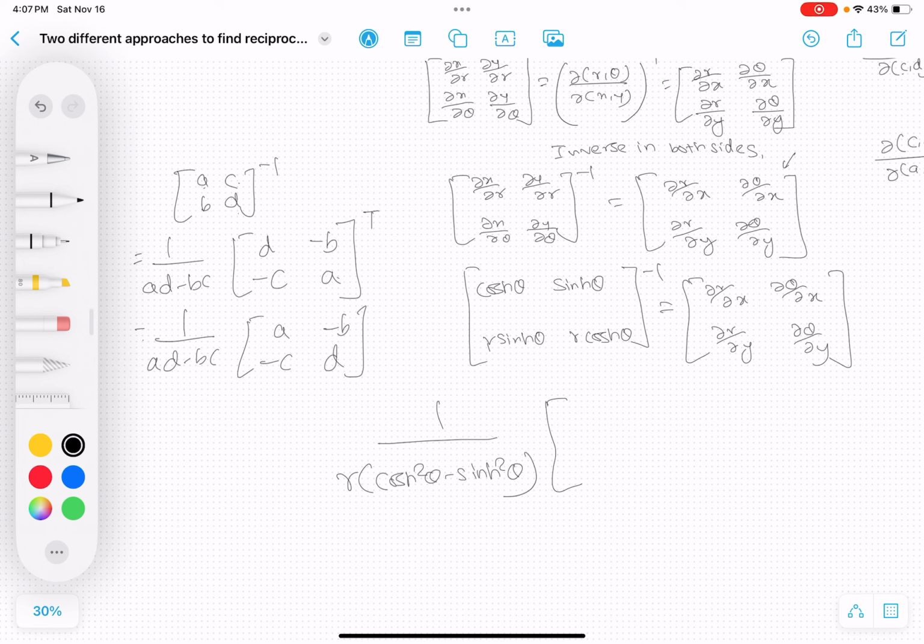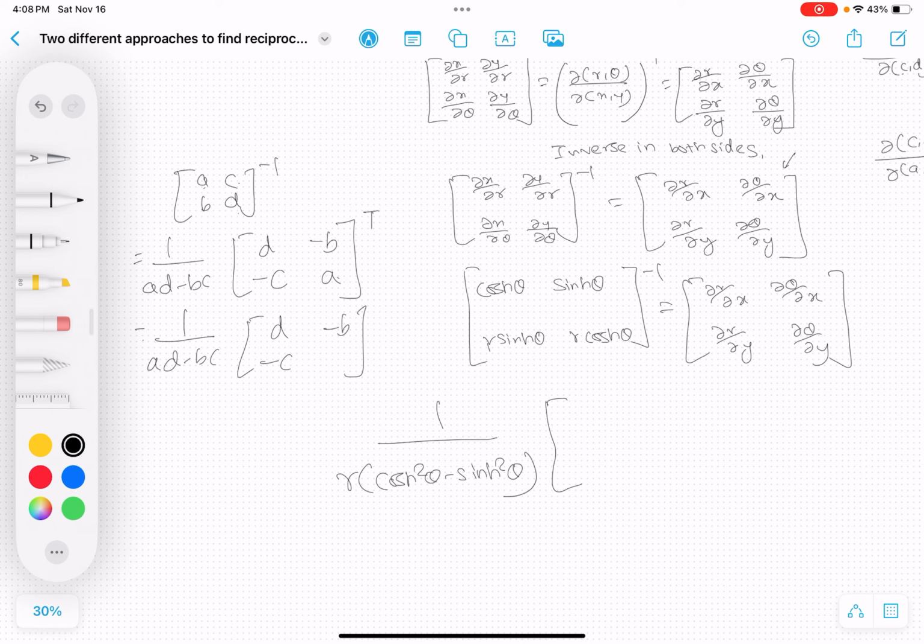Okay, so the inverse of a 2D matrix. If I take the transpose, they won't change, right? So that was the problem with me.